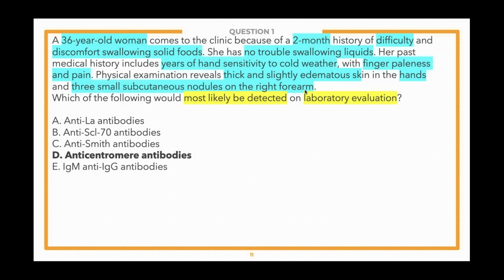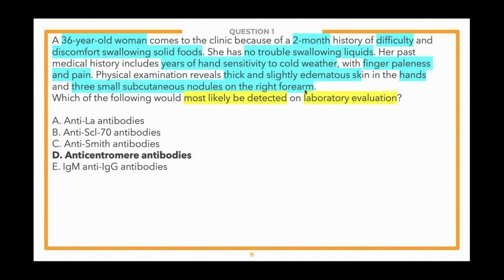She's having hand sensitivity to cold weather that might be getting at Raynaud's syndrome. Also some edematous skin that's thick in the hands, which could be getting at sclerodactyly, the tightening of the hands in scleroderma. On top of that, some small subcutaneous nodules on the forearm that might be getting at calcinosis, or calcium deposits in the skin.